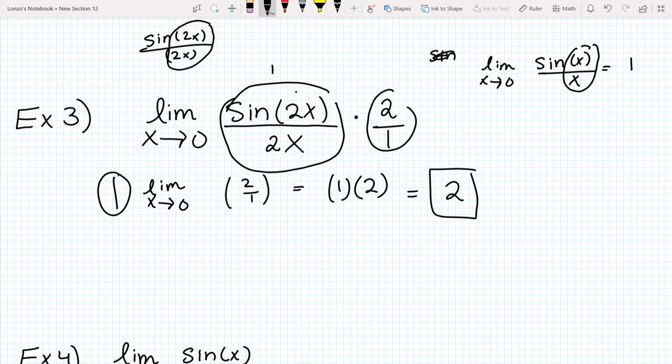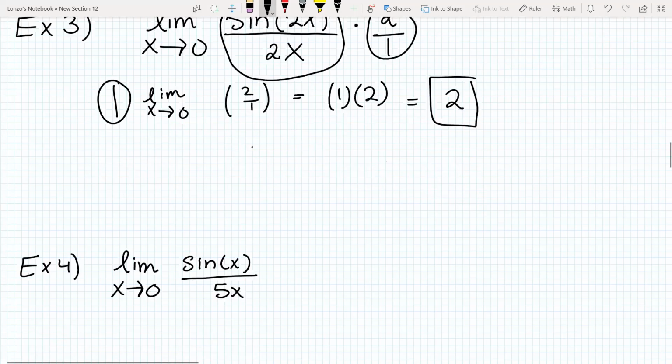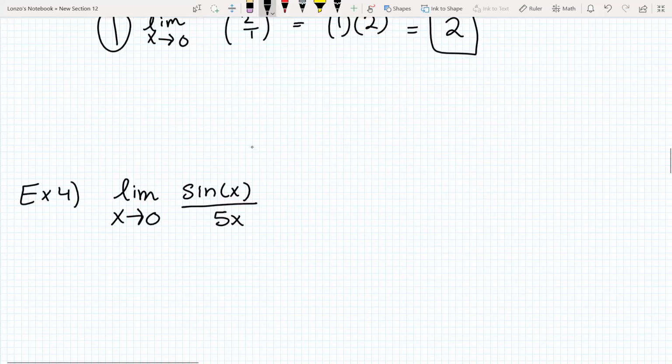Now, let's move on to example 4. The limit as x approaches 0 of sine of x over 5x. We're going to use the same trig limit as in example 3, the limit as x approaches 0 of sine of x over x, which is 1. But I want these to be the same.